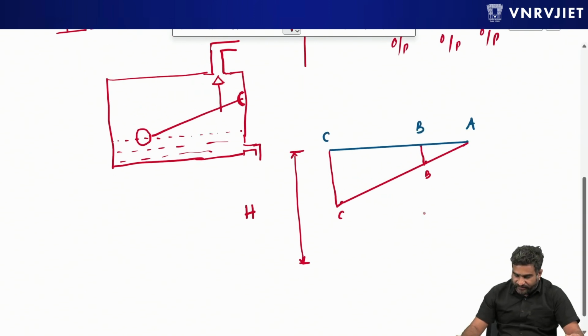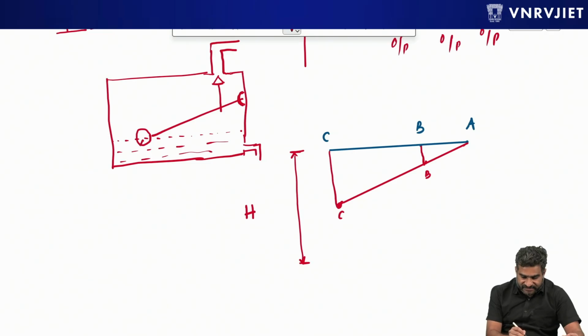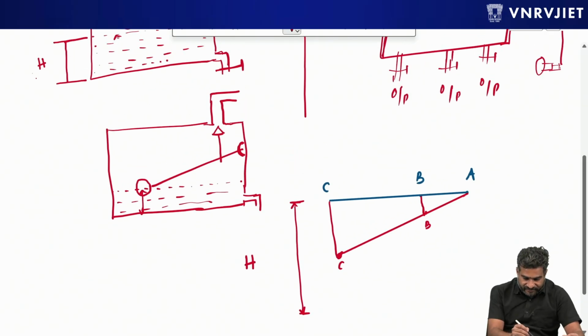And if you really see, this is the new height, and this is the old reference or preset, my requirement. So I can see a difference between my requirement and the availability. So this is the available water level, and this is my requirement.